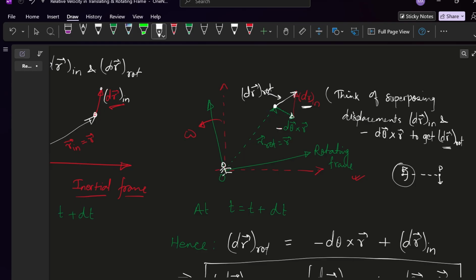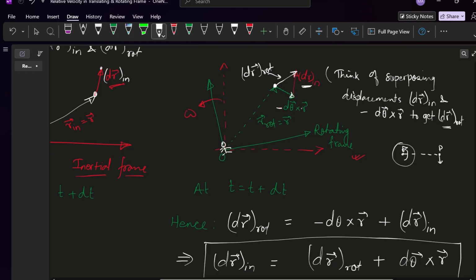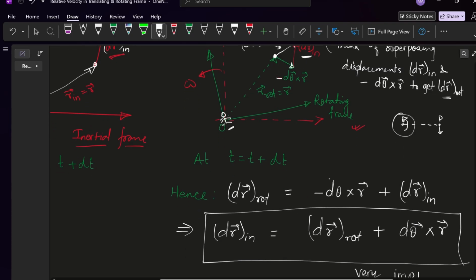It means whatever displacement he is seeing is the vector sum of the green one and the red one. So using superposition, you stop this one, meaning there is no velocity in the inertial frame, so you get minus d theta cross r. Now you again think, this elementary displacement is also there. So the vector sum of these two displacements this guy will be seeing, right? That's what I have written here.